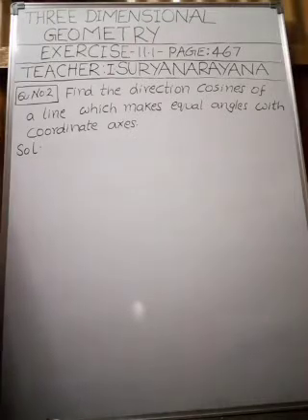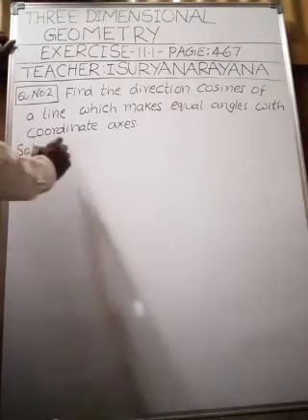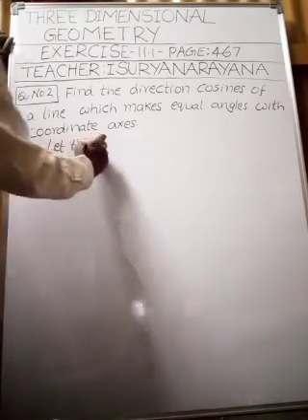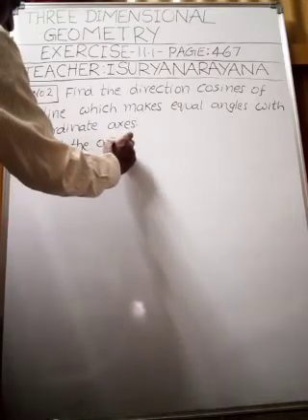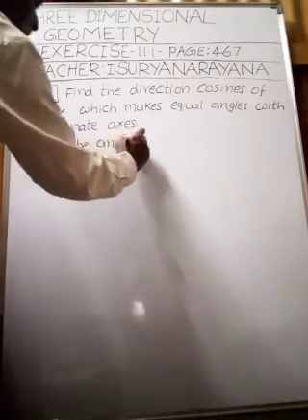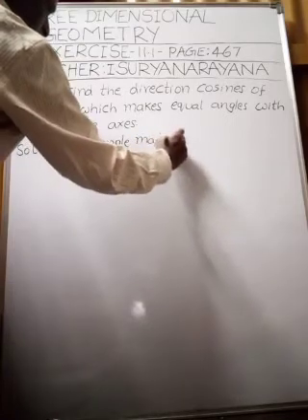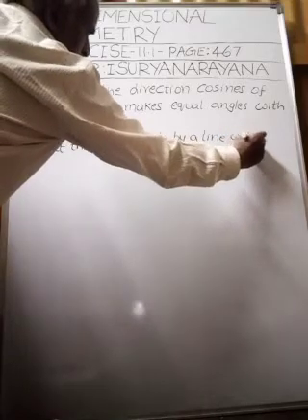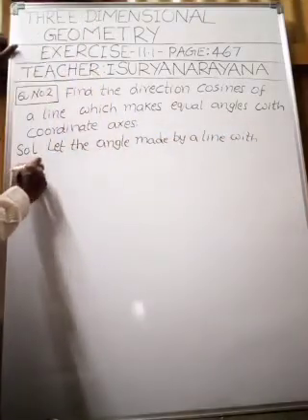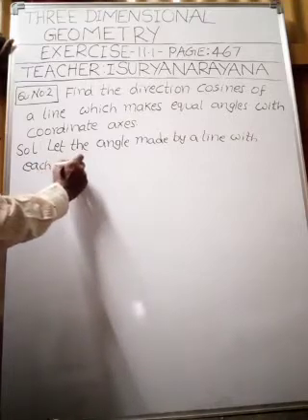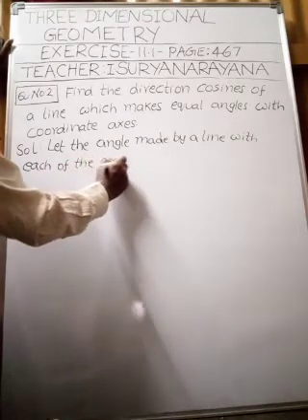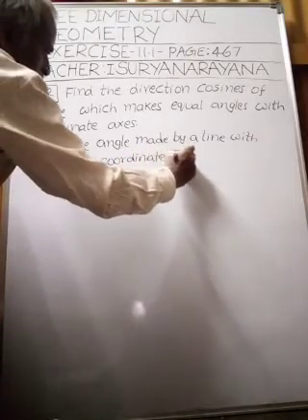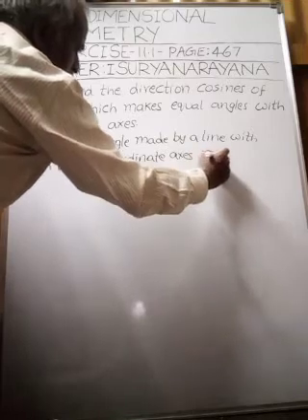Okay, my dear children? Right. So let the angle made by a line with each of the coordinate axis is alpha.